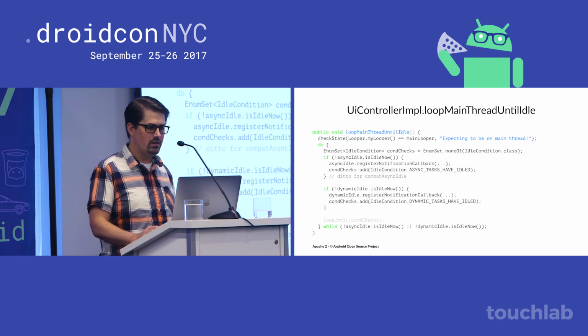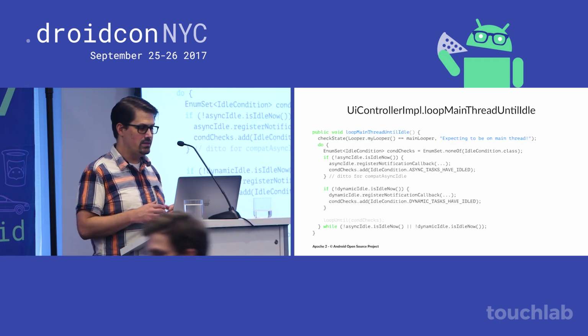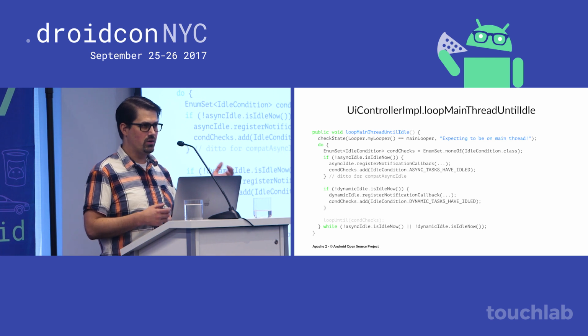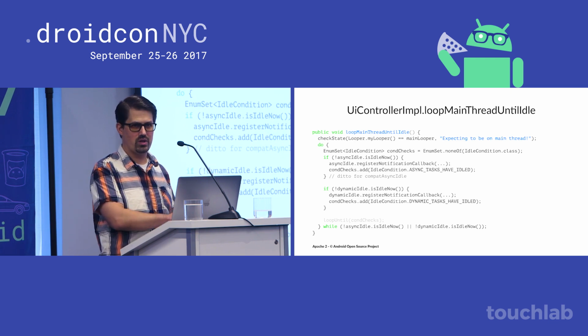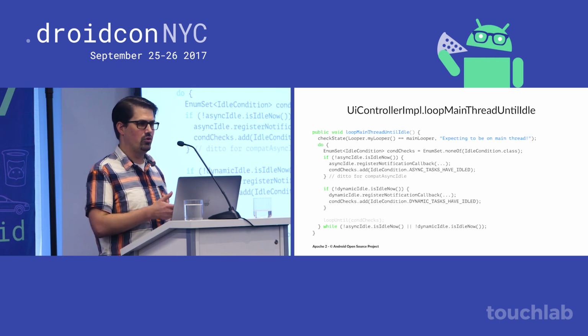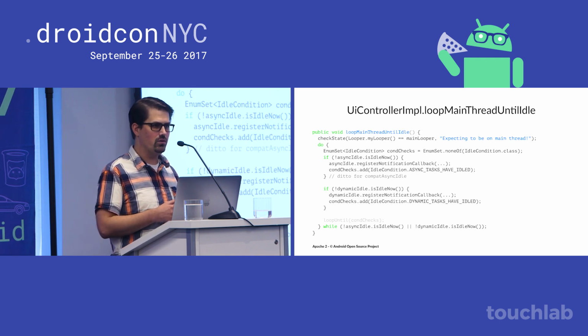All right. So first thing it does is it makes sure that you are on the main thread, because you shouldn't be calling this method unless you're already on the main thread. And then it's going to go through a number of different areas and see if they're idle. Basically, idle meaning they're not doing anything. The app is stable. It's just sitting there waiting for Espresso to act on it. So the first thing it does is it has an idle notifier called async idle.